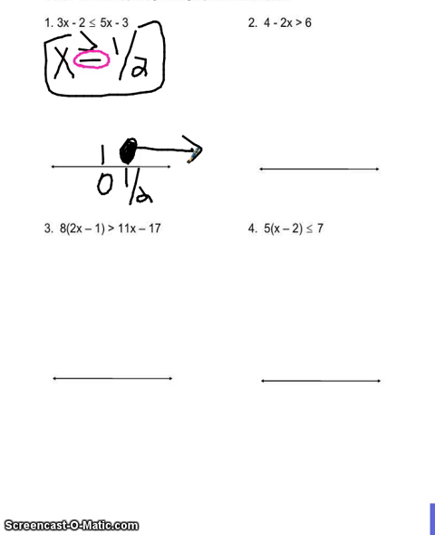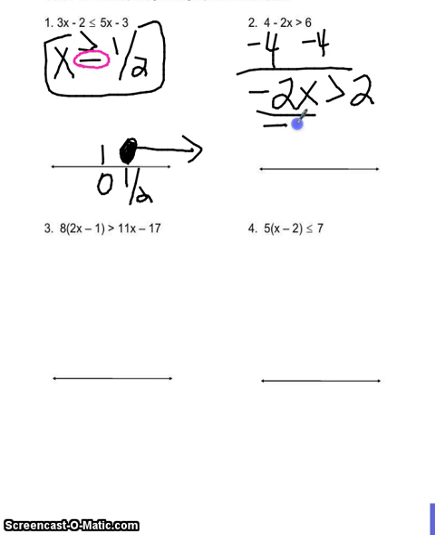Okay, so let's look at problem number 2. Here I have 4 minus 2x is greater than 6. So here I'm going to subtract 4 from both sides. I'll have a negative 2x is greater than 2. Again, we're dividing by a negative 2. So what happens? That's right, I'm going to change the sign of my inequality.